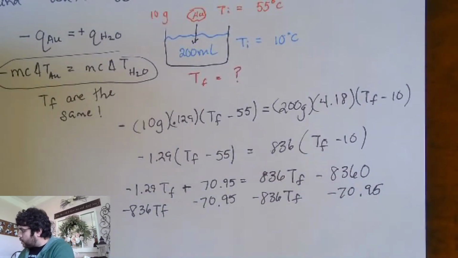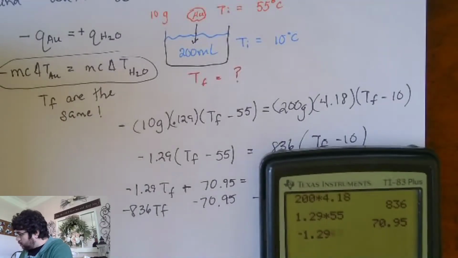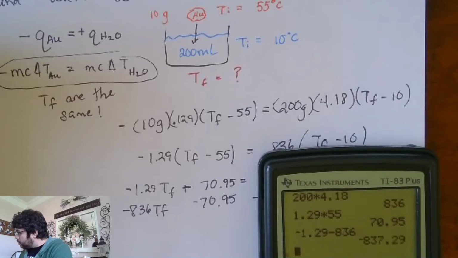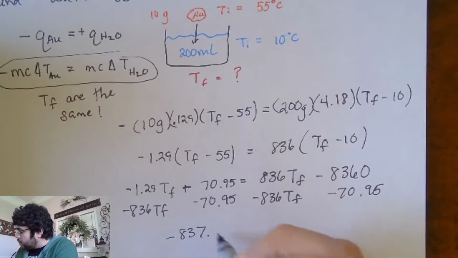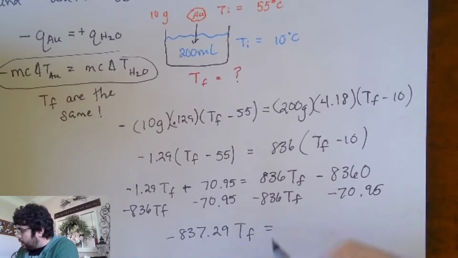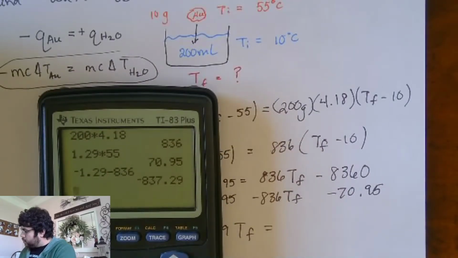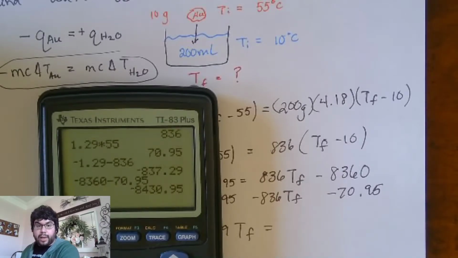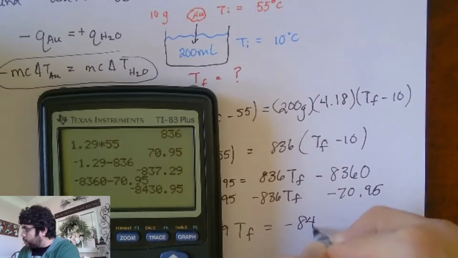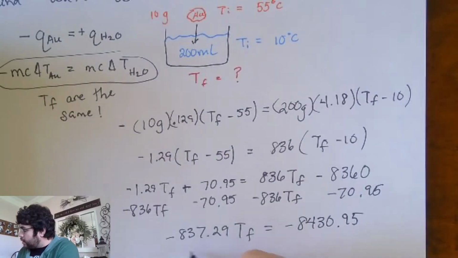Okay, so minus 1.29 minus 836, negative 837.29 TF equals 8360 minus 70.95, negative 8430.95. I'm going to hold all these sig figs until the very end.